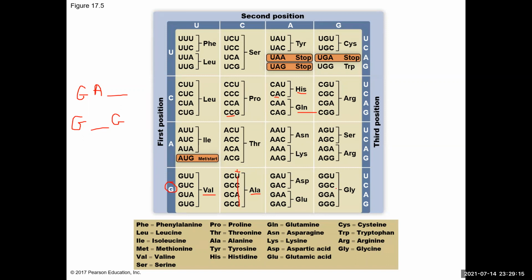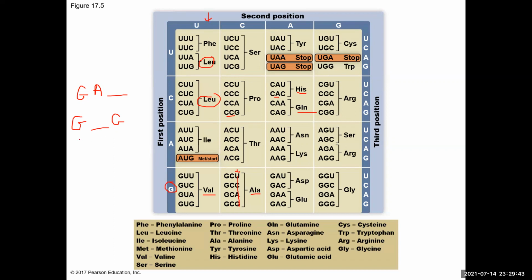Very rarely do you find the same amino acid in a different column, right? So for example, let's see, I actually don't see the same amino acid in a different column. You do see the same amino acid, like leucine, but they're in the same column, right? So they're still UU or CU, right?